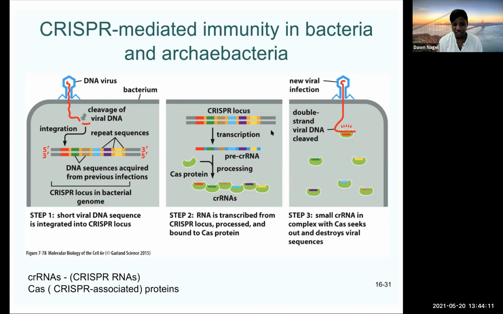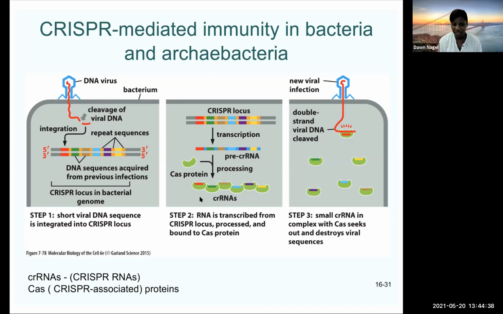When this region gets transcribed, it makes an RNA called a pre-CRISPR RNA, right? This pre-CRISPR RNA gets processed, so each of these individual pieces gets packaged with the help of a protein called Cas protein. There are many of them, but this Cas protein binds to each of these.